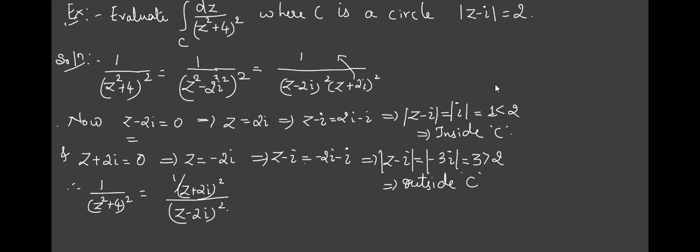Now, next question is, see this part, this is the given question. Just compare what is less here. If I want to arrive till here, what do I have to do with this? 1 upon z square plus 4 the whole square is there. Correct.